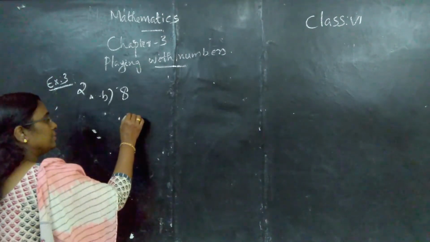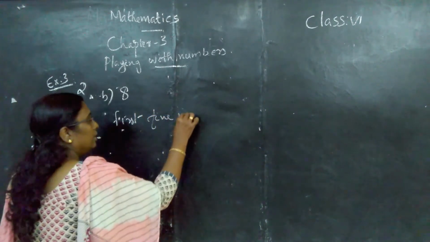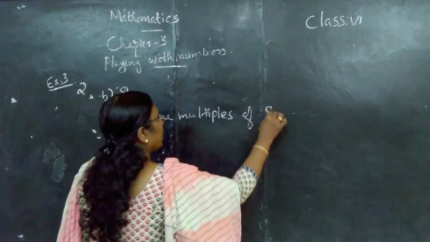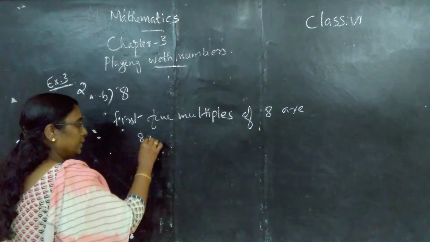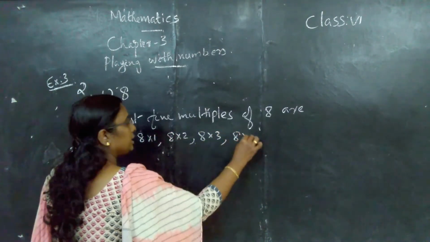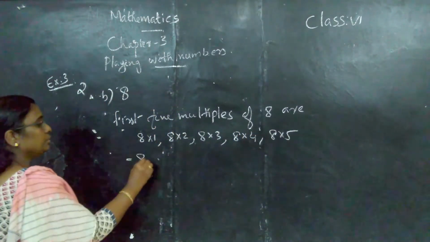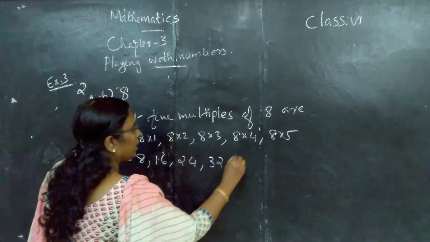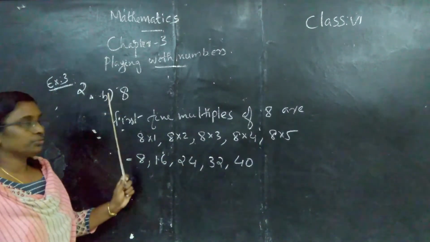So, the first 5 multiples of 8 are 8 into 1, 8 into 2, 8 into 3, 8 into 4 and 8 into 5, which is equal to 8, 16, 24, 32 and 40. These are the first 5 multiples of 8.